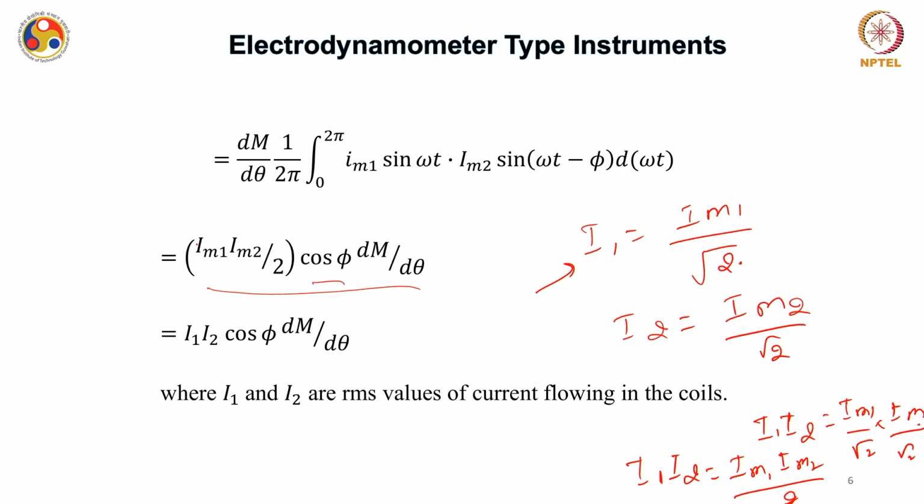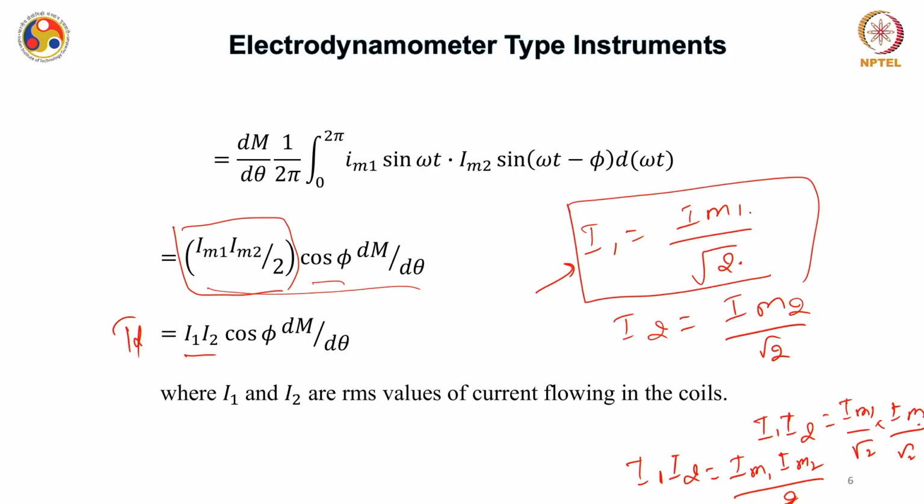Replacing Im1 Im2 by 2 with I1 and I2, the deflecting torque becomes I1 into I2 into cos phi into dM by d theta, where I1 is the peak current divided by root 2, which is the RMS value of the current flowing through the fixed coil, while I2 is Im2 by root 2, which is the RMS value of the current flowing through the moving coil.